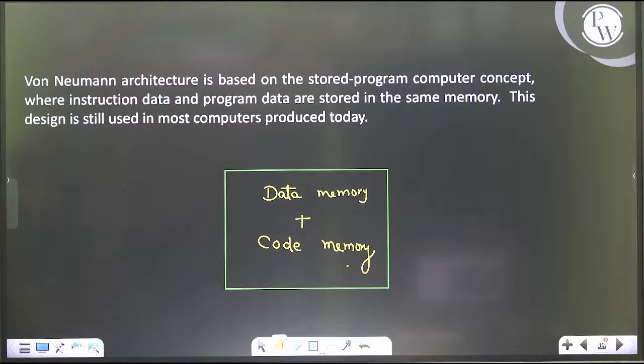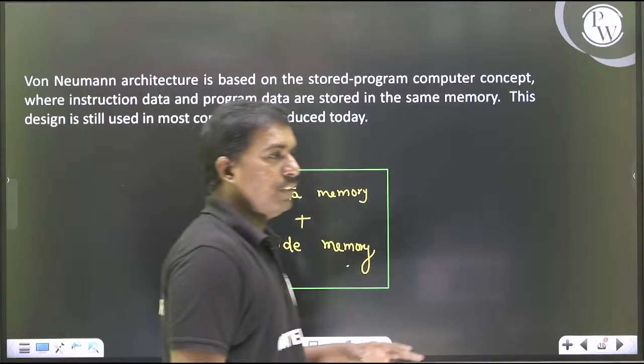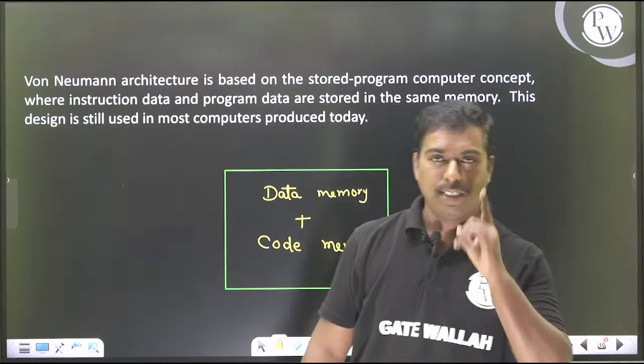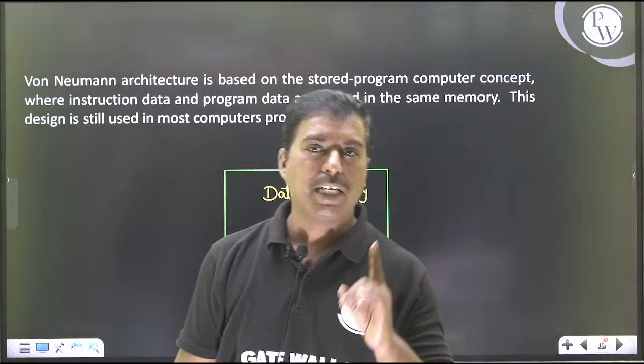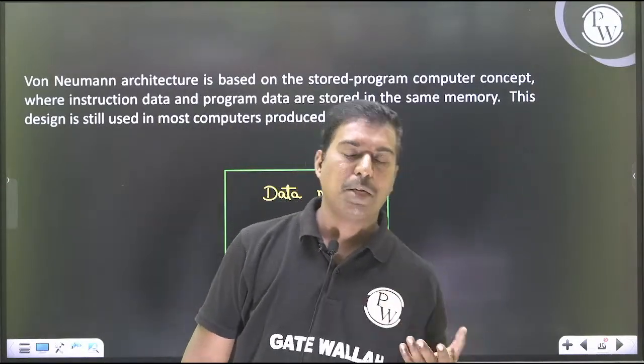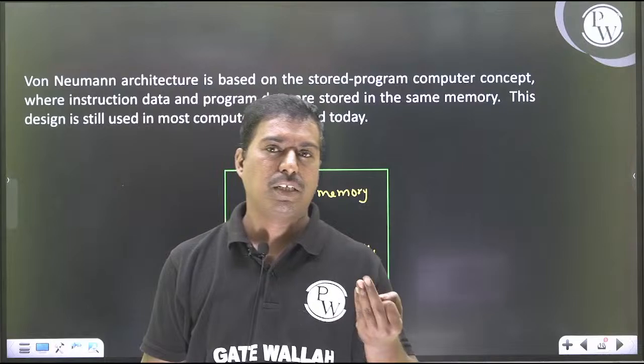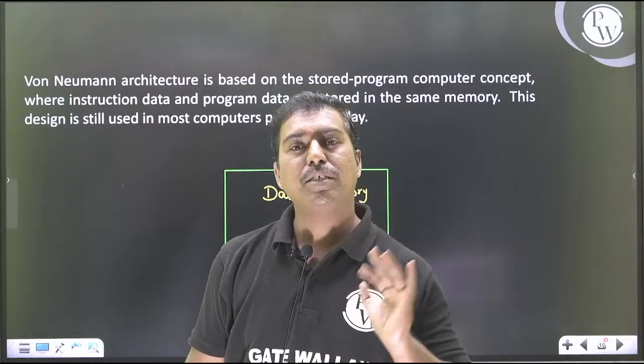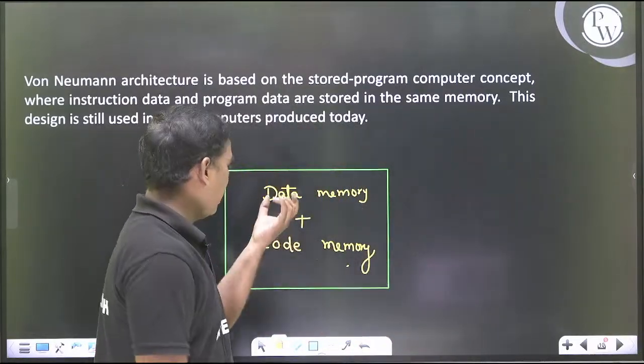To understand the advantage and disadvantage, suppose the same bus is available. We have only one bus. The concept is clear, right? A CPU has buses: data bus, address bus, control bus. So we have to use the same bus to access the data memory and code memory.